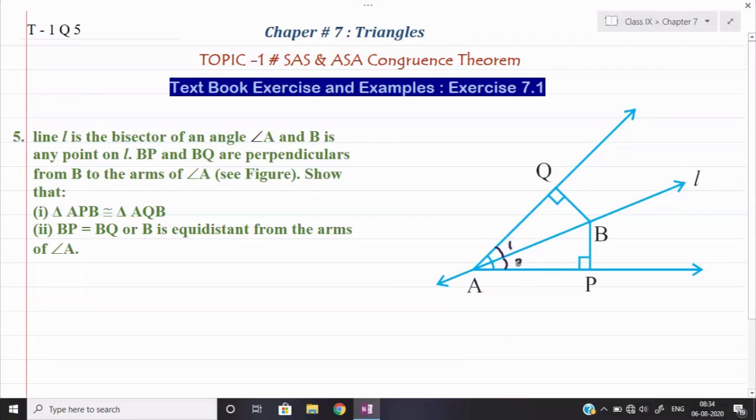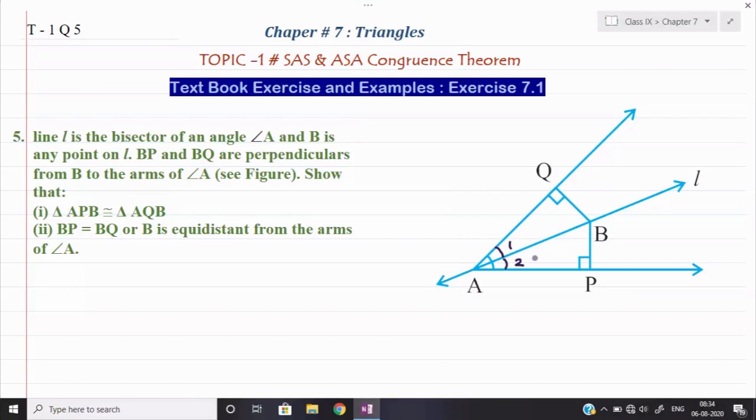Yes, and this is my angle number 2. So basically angle 1 and angle 2 are the two equal parts of angle A. So we can say that angle 1 and angle 2 are equal. Second thing, we have given that point B lies on line L. Okay, fine, that is point B is on the L, that also we have given here.